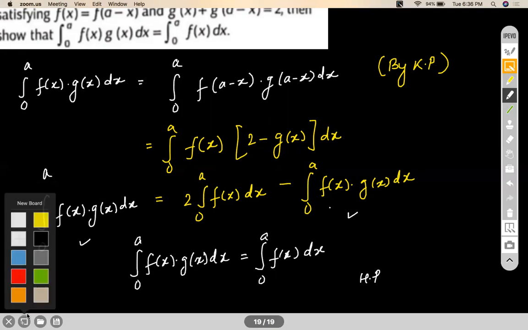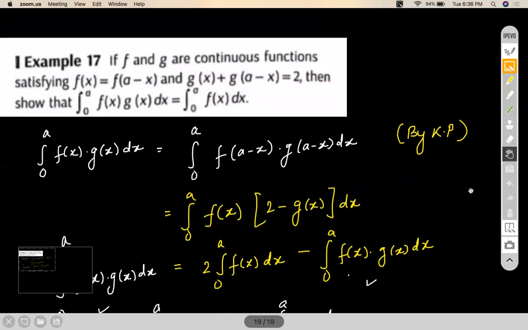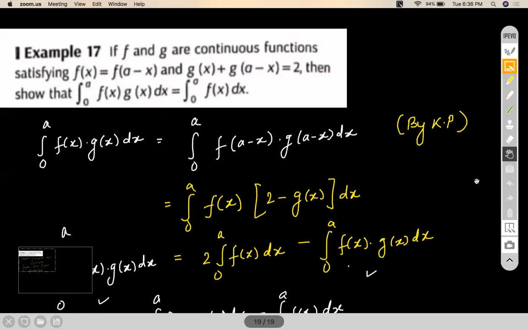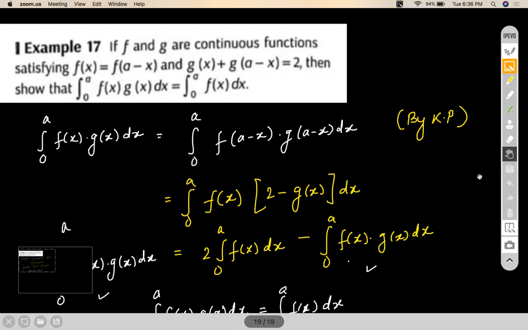Could we do it a bit differently? Let's assume f dash x to be the derivative of f(x), and then you can get integral of f dash x is equal to integral of f dash of a minus x.